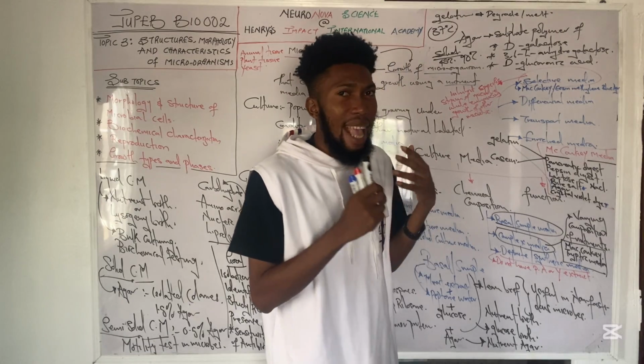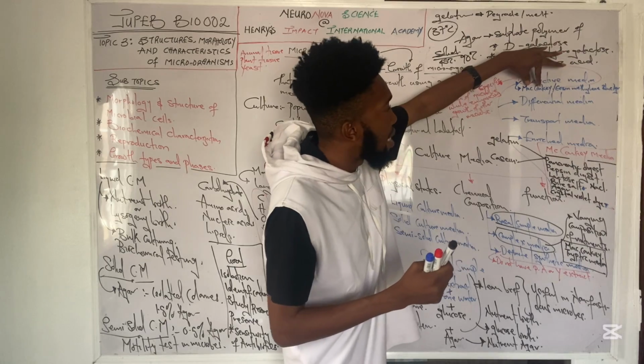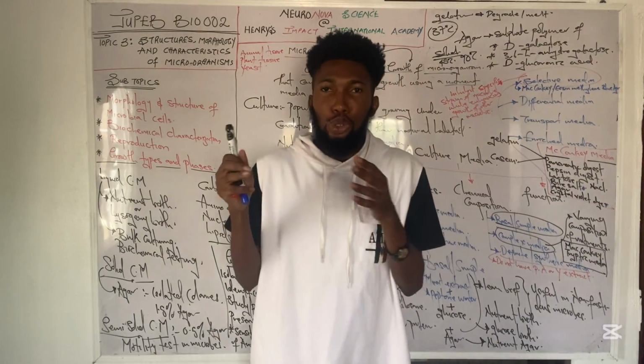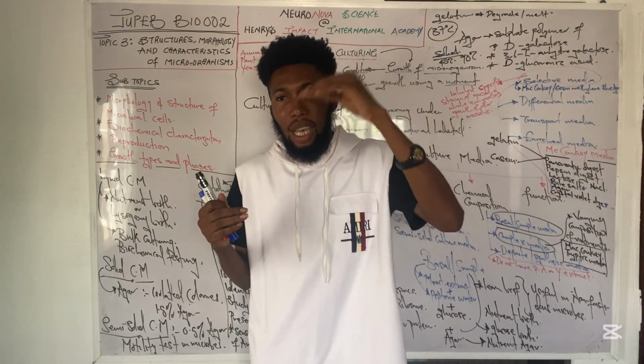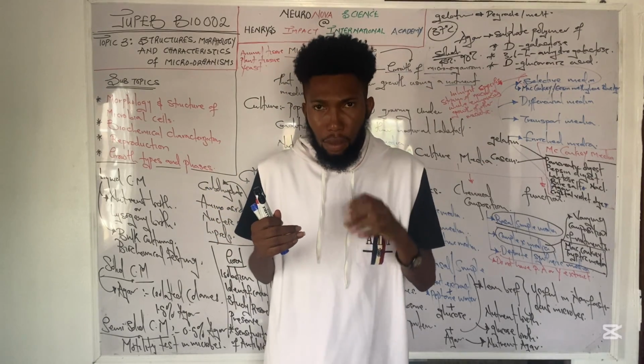Good. Now, whenever you are using the selective media, that is McConkey for instance, that BIO002 tends to alter the integrity of the cell wall of your gram-positive. Why?